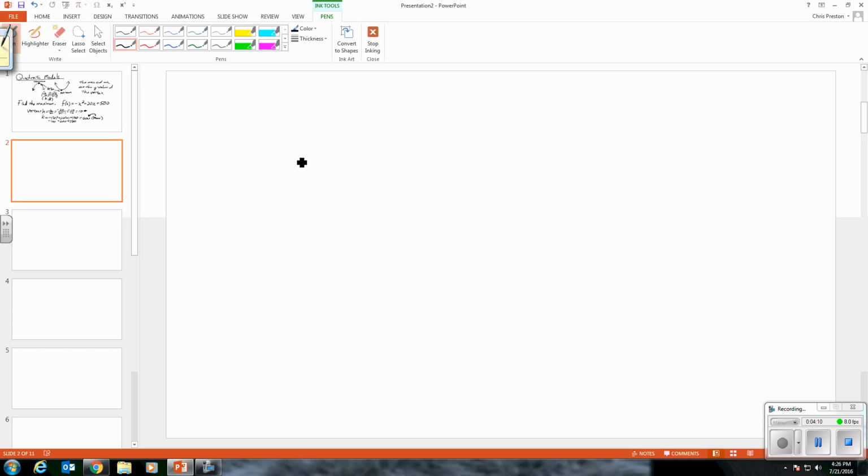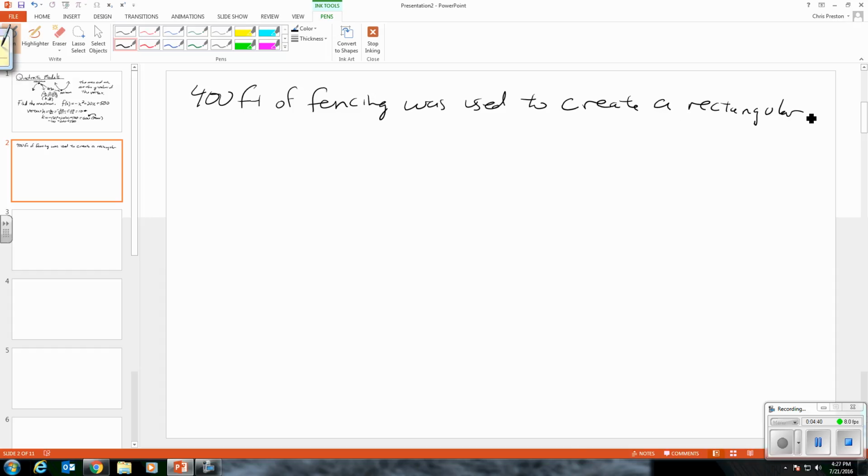So anytime we talk about maximums and minimums, that's what it's looking for. Another common problem that you might see is something that says: 400 feet of fencing was used to create a rectangular corral that is subdivided down the middle.